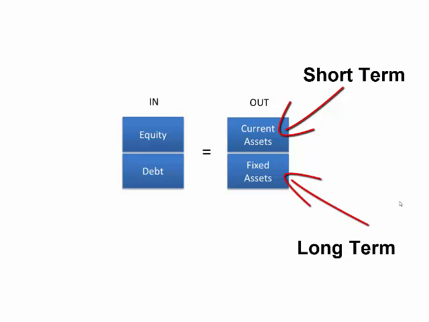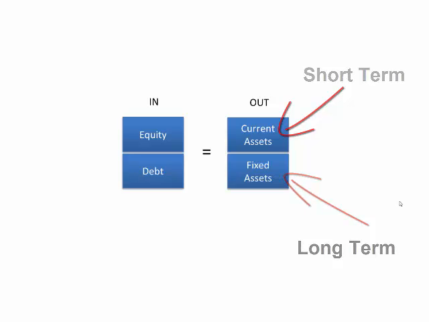Now the question is, what is longer term? Because it's all relative. So anything that is 1 year or less, that type of asset is seen as a current asset. Anything where you're going to buy an asset and you're going to have that asset in the business for longer than 1 year, that's termed a fixed asset.